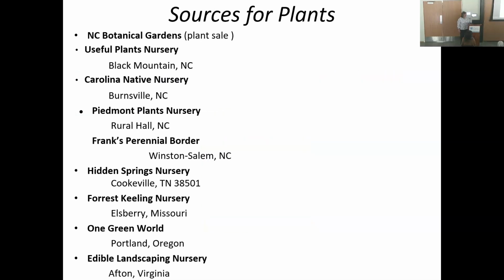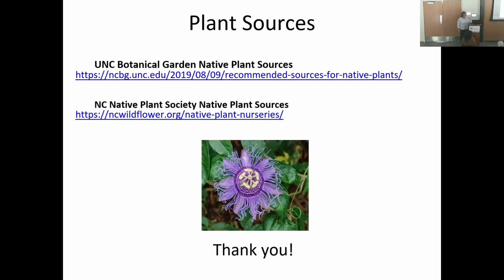Oh, I'm sorry, let me go back. Let you get that. And then here's some more. These were the lists that I was telling you about. The Botanical Garden here has a long list. You can go to their website and look at that, download it, and also the NC Native Plant Society has a list of nurseries.